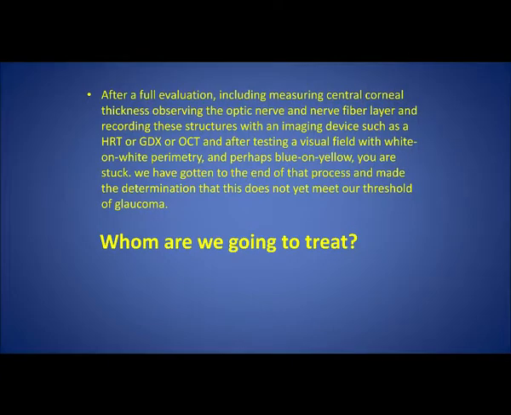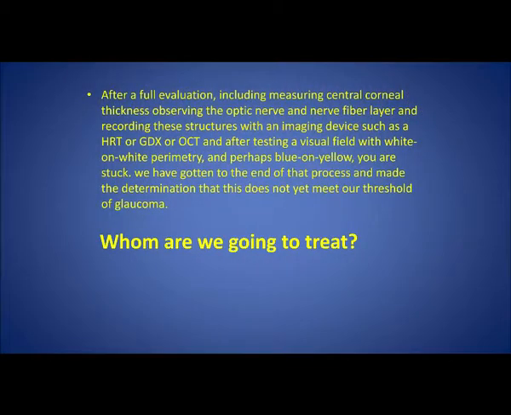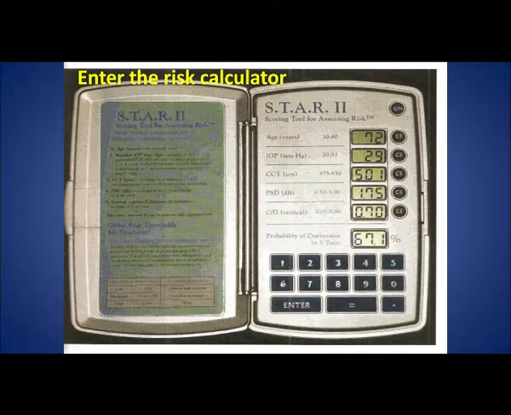After a full evaluation including measuring central corneal thickness, observing the optic nerve and nerve fiber layer, and recording these structures with imaging devices such as HRT or GDX or OCT, and after testing visual field with white on white perimetry and perhaps blue on yellow, you are stuck. Whom are we going to treat? Maybe sometimes we use a risk calculator, but it's not always available. So we want to know who to treat.